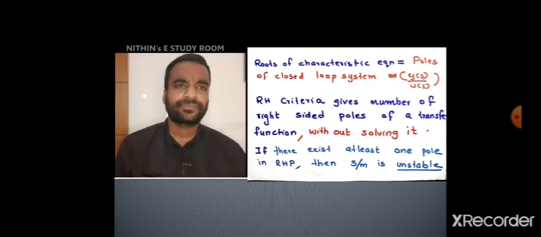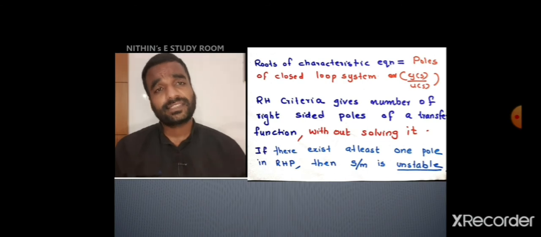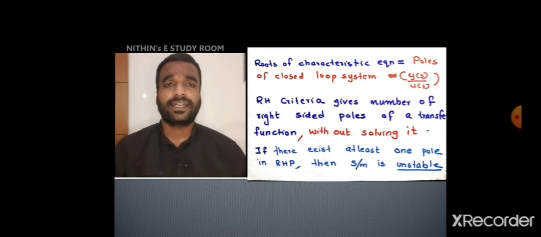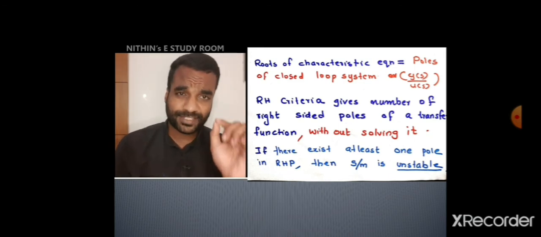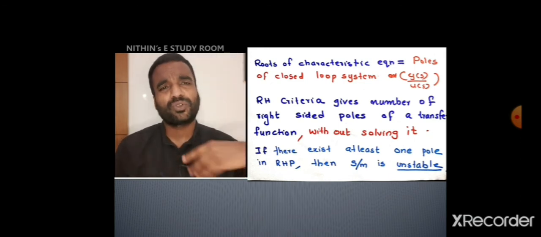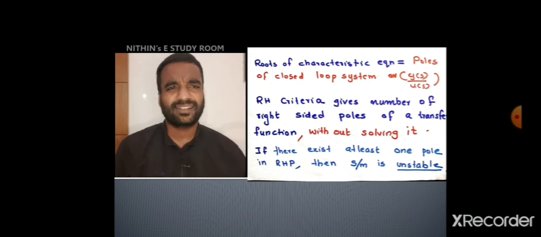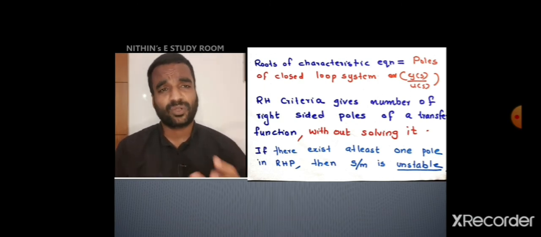That is the case. Now, RH criteria. The advantage of RH criteria, I already discussed in the introduction itself. The advantage of RH criteria is that you don't need to draw a pole-zero plot, no need to do any other complicated calculation like Laplace inverse. Such things are not needed.